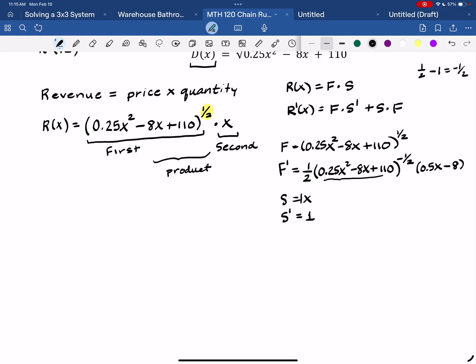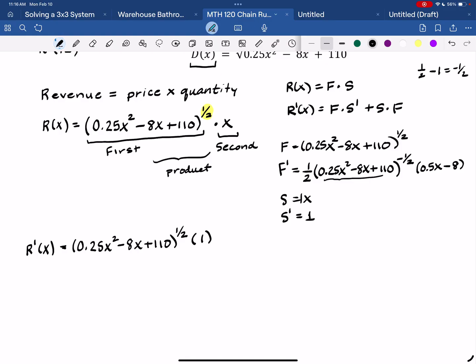Now I'm going to assemble. My R prime of x is the original first function, 0.25x squared minus 8x plus 110 to the 1/2, times the derivative of the second, which is just a 1. Luckily, that's pretty easy.